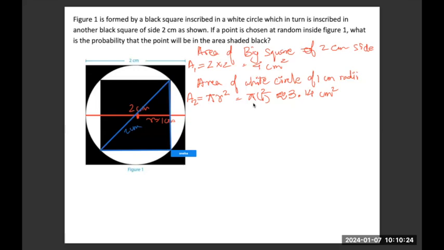Because I need the area of the side, I will consider the Pythagoras theorem for the x, y, z triangle.